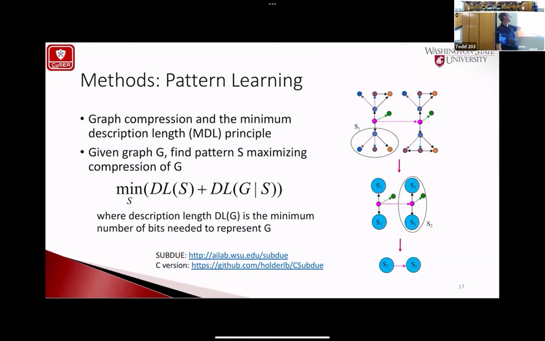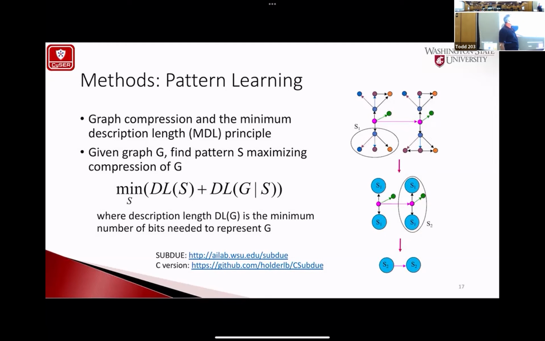And so if I have a way to measure that, then I can look at my pattern. Here S represents our pattern. I want to minimize the sum of the description length of the pattern, because I have to remember what the pattern is, and then the graph compressed with that pattern. The triangle will have a lower description length than the triangle plus the extra edge.